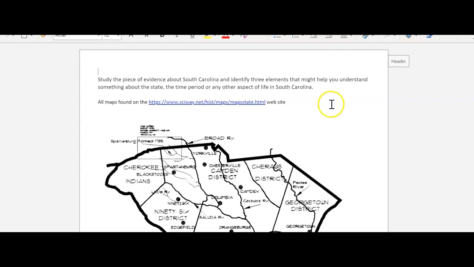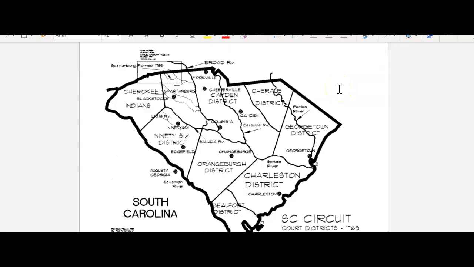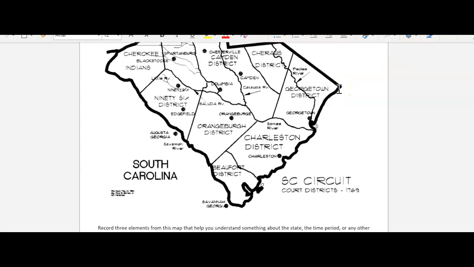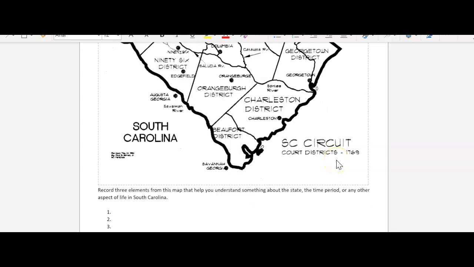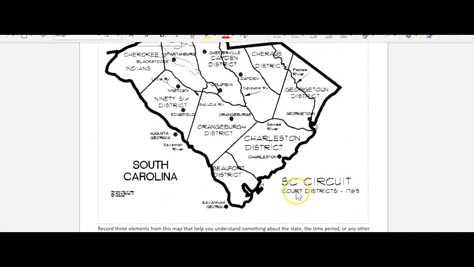All right, so here you can see this SCIway. I've taken some maps from here. So you're going to take a look at the map, observe it, analyze it, and then what can you glean from this? What's something that you can tell about the state, the time period, the population, or other aspect of life in South Carolina?